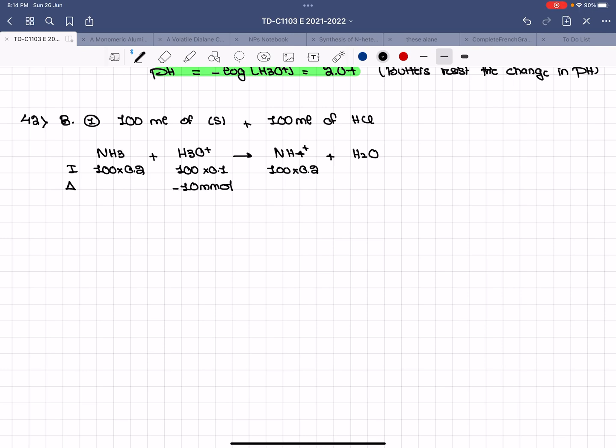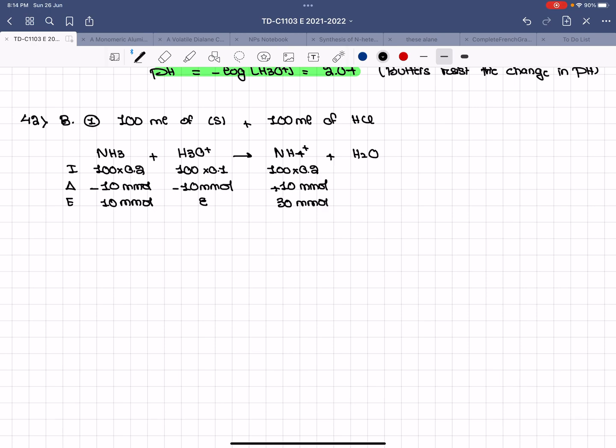This is limiting. It will lose 10 millimole, and NH4 plus will gain 10 millimole. At the end, 20 millimole of NH3 minus 10 is 10 millimole. H3O plus is approximately 0, and NH4 plus is 30 millimole.